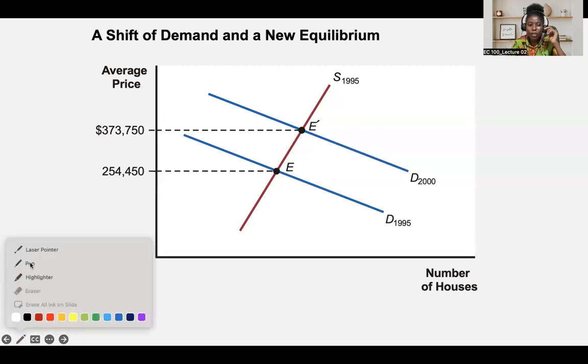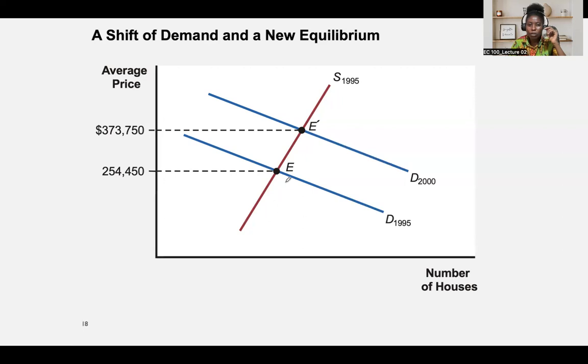I'm not sure, but I'm going to try. Okay, so this quantity here, let's say you are able to sell 1,000 houses at this point of equilibrium.